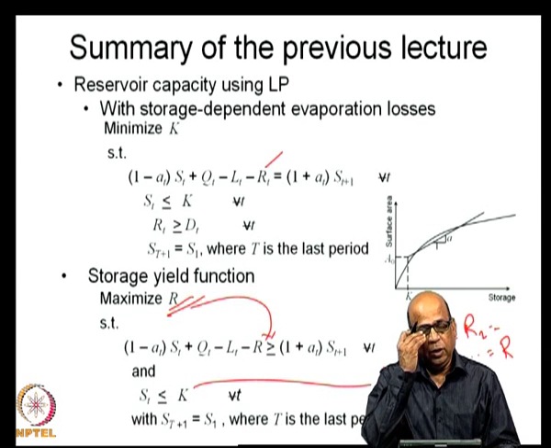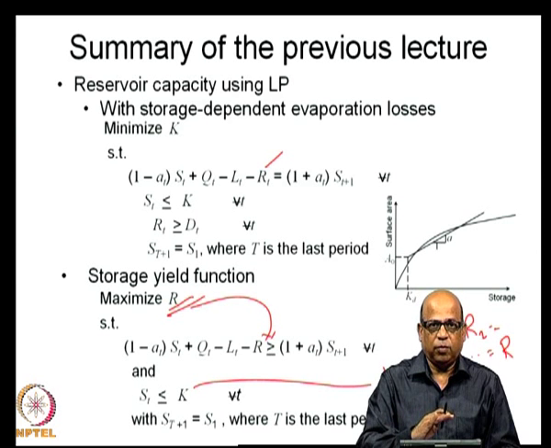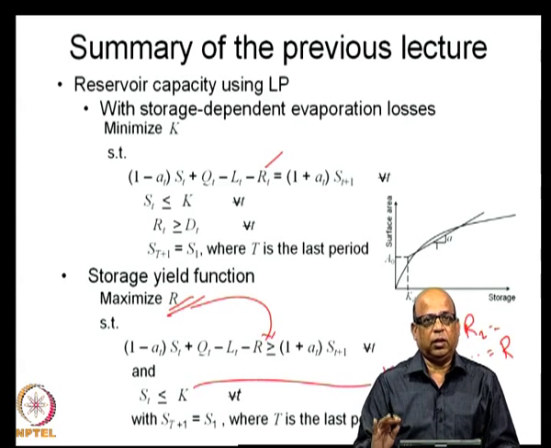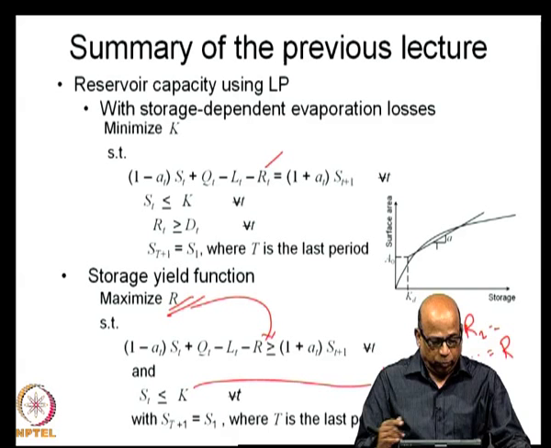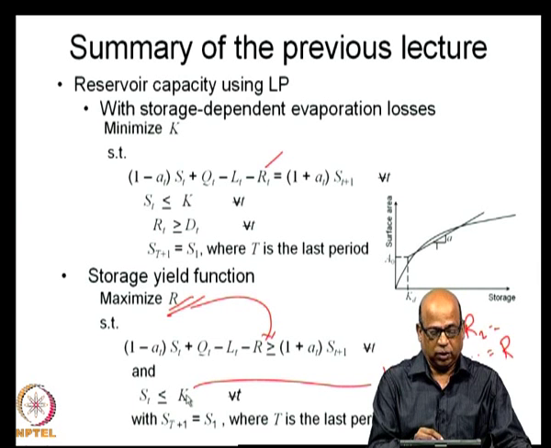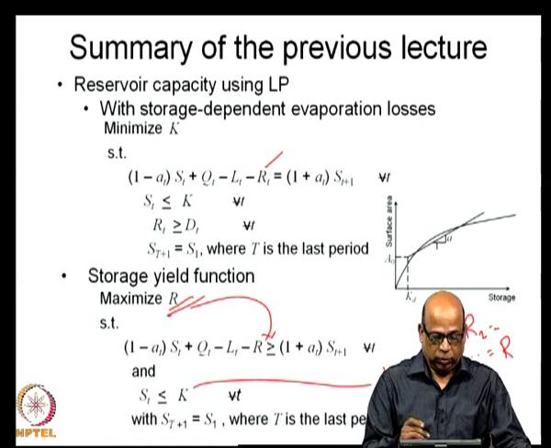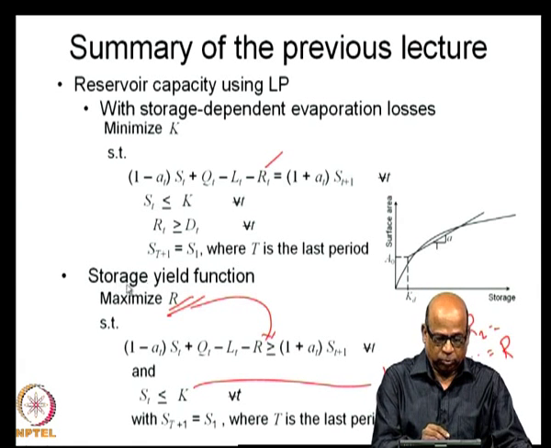The yield is the maximum constant release that you can maintain from the reservoir all through the year. Obviously, the yield will be a function of the reservoir storage or the capacity of the reservoir for a given sequence of inflows. So, typically what we do is generate the storage yield function.